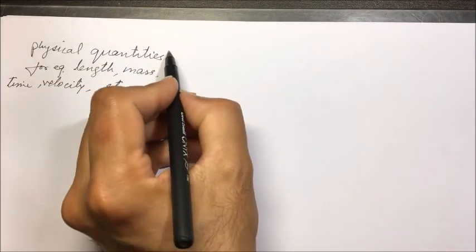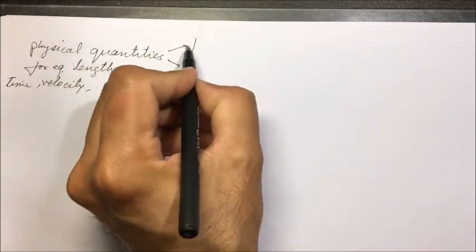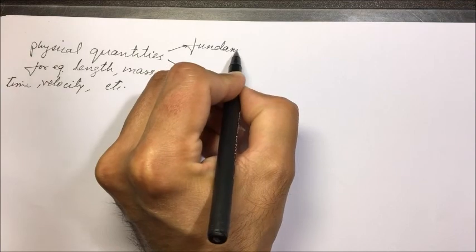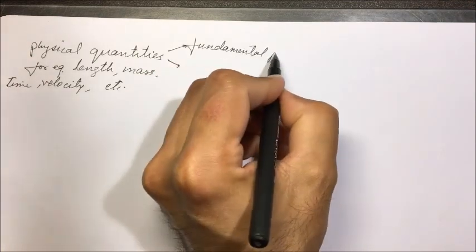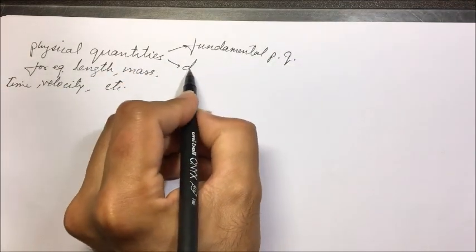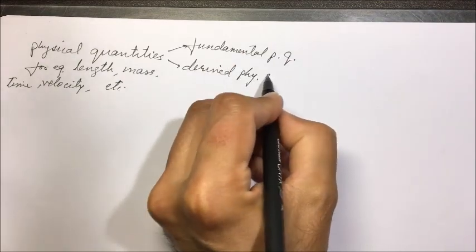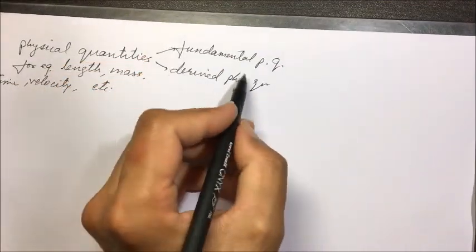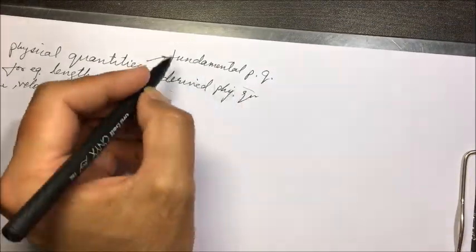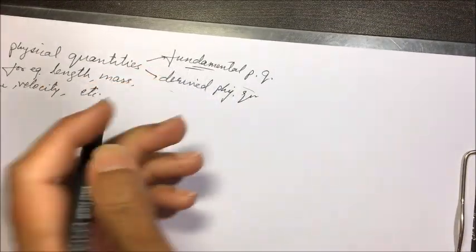And then we categorized these physical quantities into fundamental physical quantities and derived physical quantities. So these derived physical quantities were derived from these fundamental quantities.